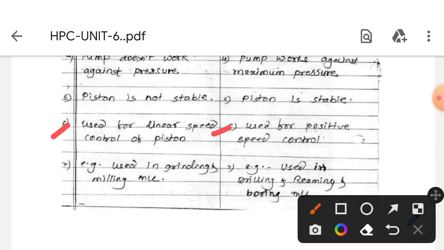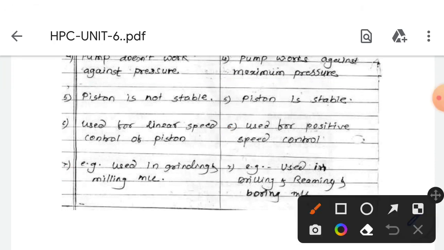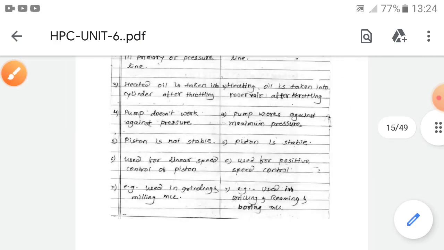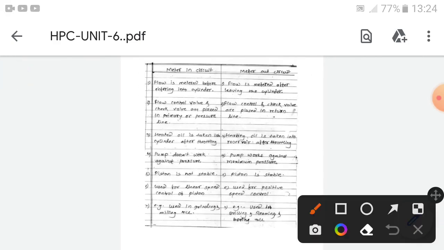An example of a meter in circuit is its use in grinding and milling machines, and in a meter out circuit, the example is its use in drilling, reaming and boring machines. So in those machines we can use the meter out circuit. So this is the difference between meter in and meter out circuits.